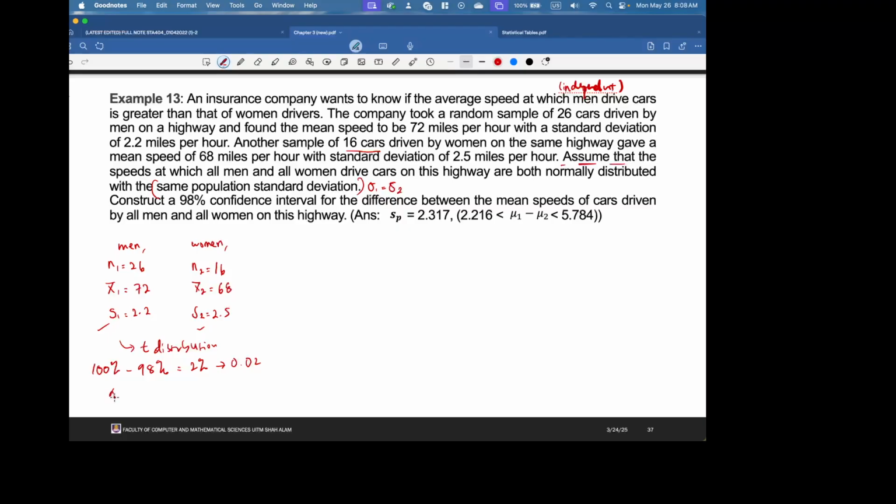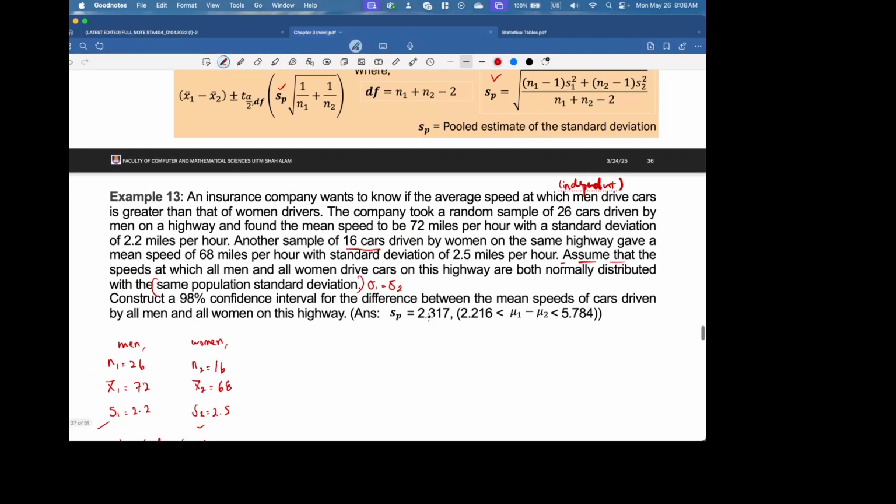So alpha is equal to 0.02, and for this particular formula you need t alpha over 2, df. The df now is equal to n1 plus n2 minus 2.